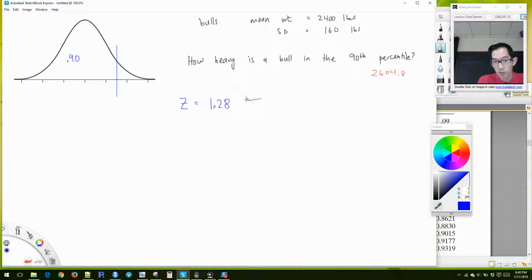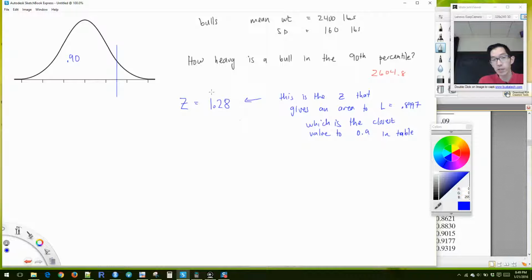This is the z that gives an area to the left equal to 0.8997, which is the closest value to 0.9 in the table.